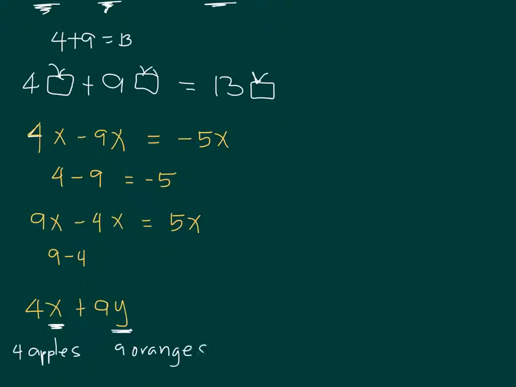So you cannot make the 4 and 9 as 13 under a single fruit because apples and oranges are not the same. Yes, you can say 13 fruits, but you're no longer using the words apples and oranges. So hence in algebra, if you have different variables, then that would mean you cannot combine the two.